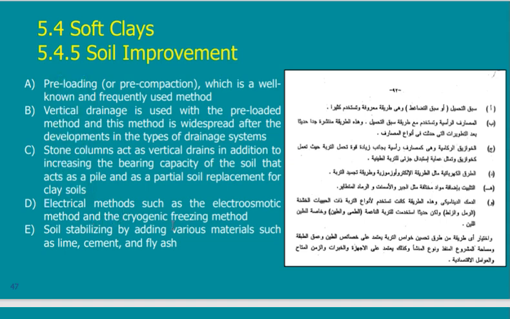Soil stabilization by adding various materials such as lime, cement, and fly ash. These are additives that are added to the soil to improve the quality of the soil. Of course, the main problem will be, how can I add it to soil that is already existing? I'm not transferring soil from one place to the other and adding something to it.